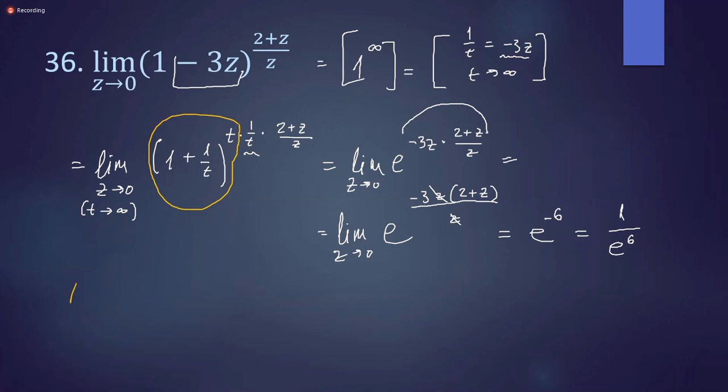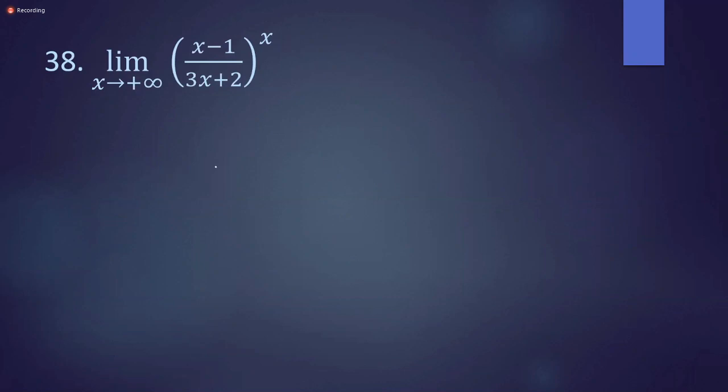In this case, very carefully, you should know that x divided by 3x, the base actually tends to 1/3. The limit of this is not 1. It's 1/3 to the power x. It's not 1 to the power x. So this is not an indeterminate form.